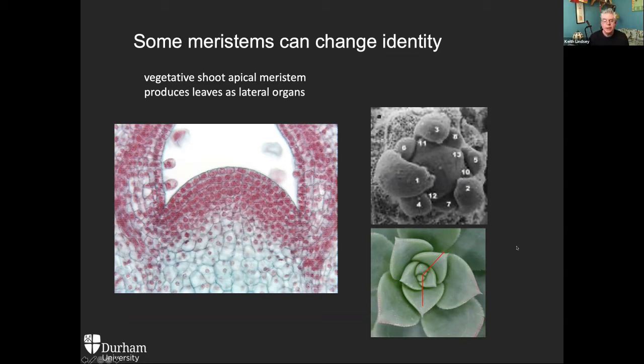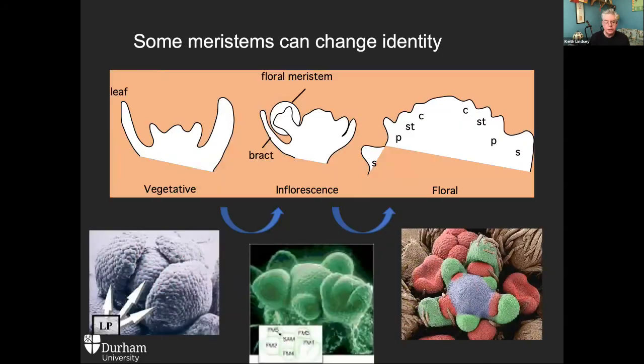Anyway, that's a slight aside, but this meristem here is producing leaves, but under certain conditions, the meristem can completely change its identity, and instead of producing leaves off the flanks, it will produce floral meristems off the flanks. And in that floral meristem, the meristem will produce floral organs, so sepals, petals, stamens, and carpels, which are characteristic of a mature flower.